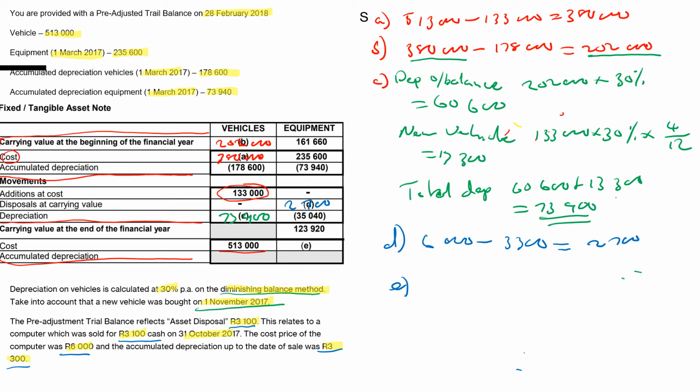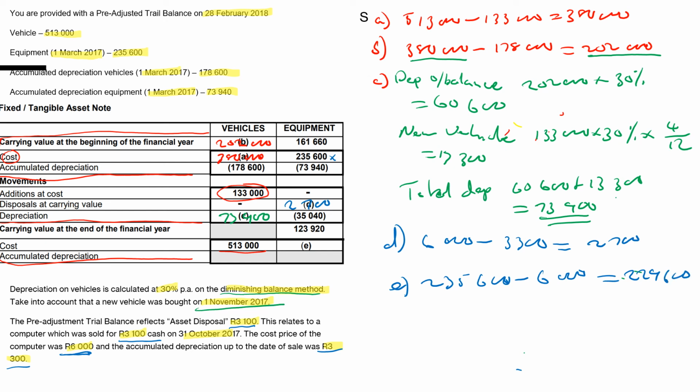There are no additional equipment purchases, so what you do is take the cost at the beginning, 235,600, minus the cost of the equipment that was sold, the computer, which is 6,000. 235,600 minus 6,000 will give you 229,600.